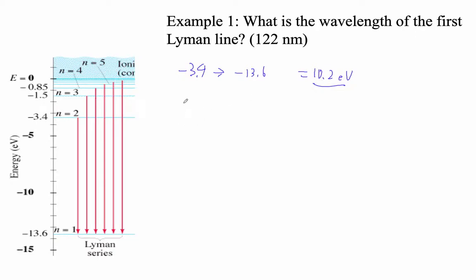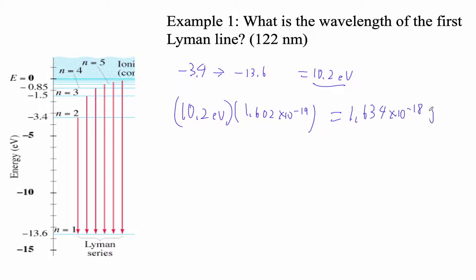We can figure that out. So 10.2 eV times 1.602 times 10 to the minus 19th. All right. The energy of this thing is 1.634 times 10 to the minus 18th joules, right?